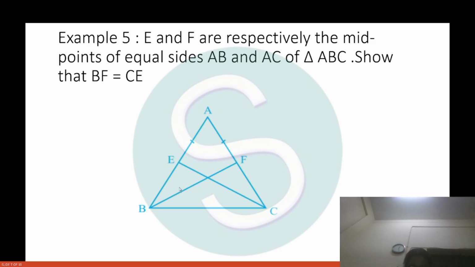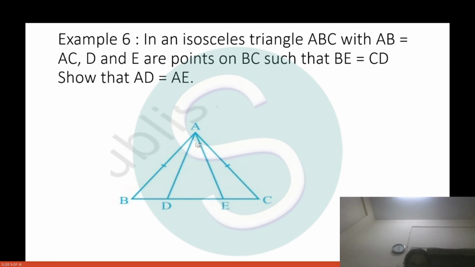We have to prove that BF is equal to CE. Since these two triangles are congruent by side angle side, by CPCT we can prove BF equals CE. Now in this question, it is given an isosceles triangle ABC with AB equals AC.